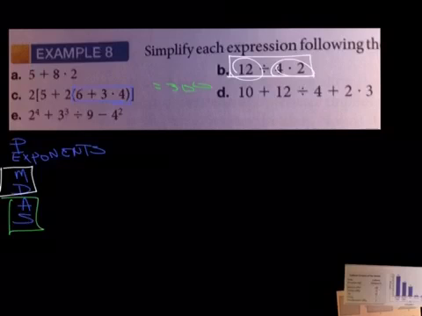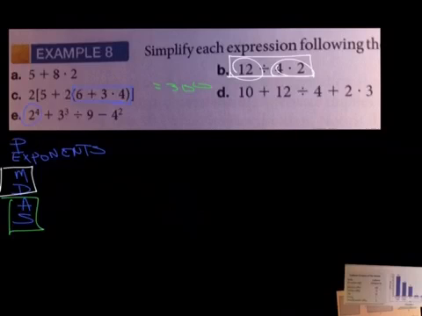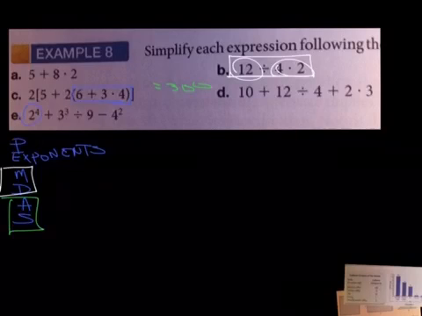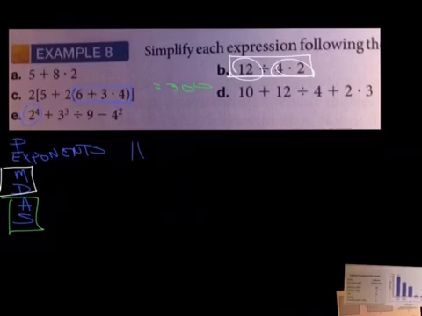So let's look at E. E says, do parentheses first. Well, we don't have any parentheses, so we do the exponents because that's what is next here. So the exponents are 2 to the 4th. So 2 times 2 times 2 times 2 is 16, plus 3 times 3 times 3 is 27. I'm just going to leave the division alone. I'm not going to do it yet until I do all the exponents.